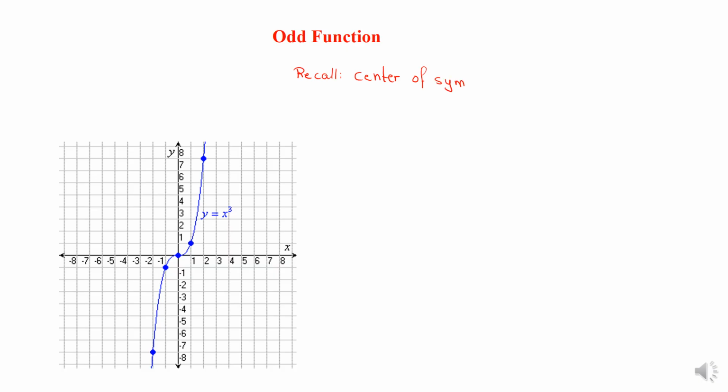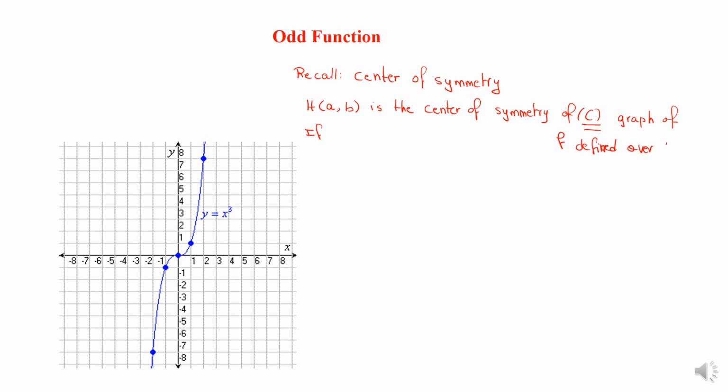When do we say that a point H with abscissa A and ordinate B is the center of symmetry of a graph C of f defined over an interval I?